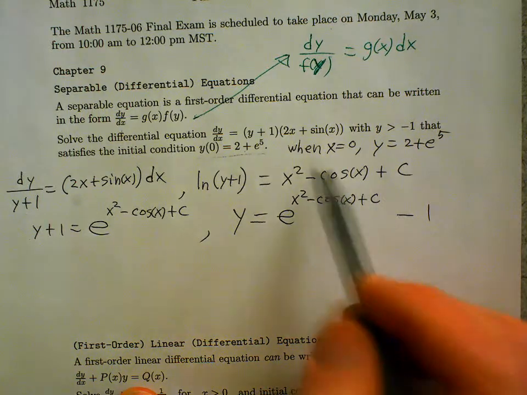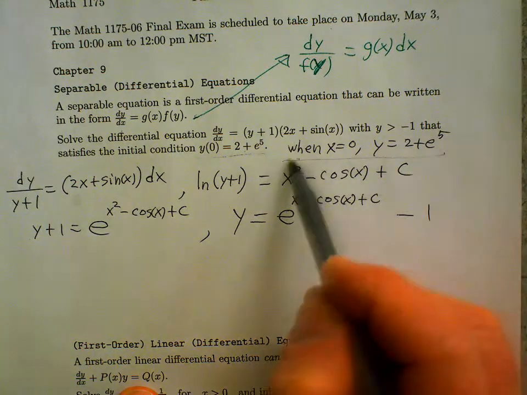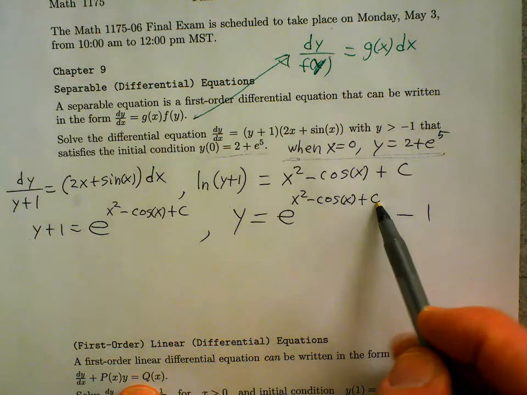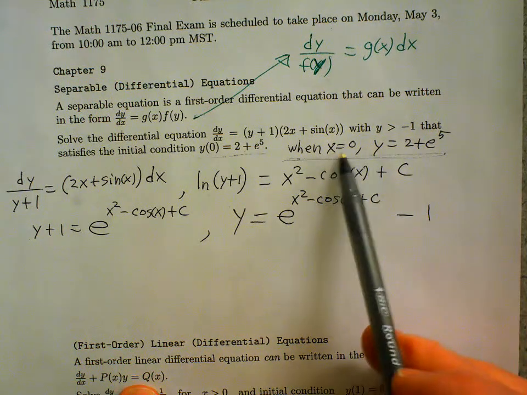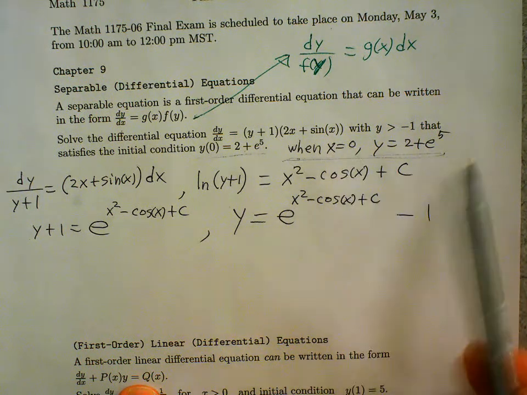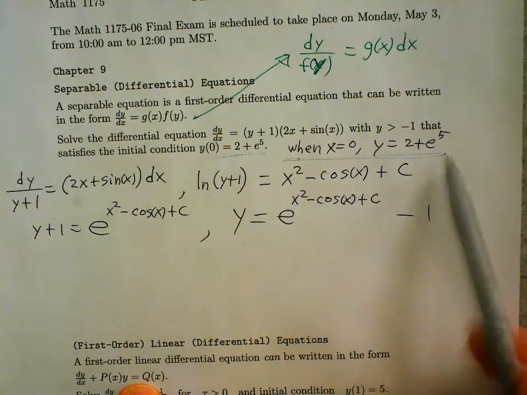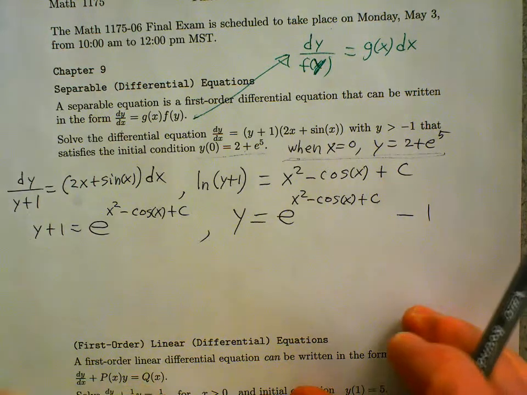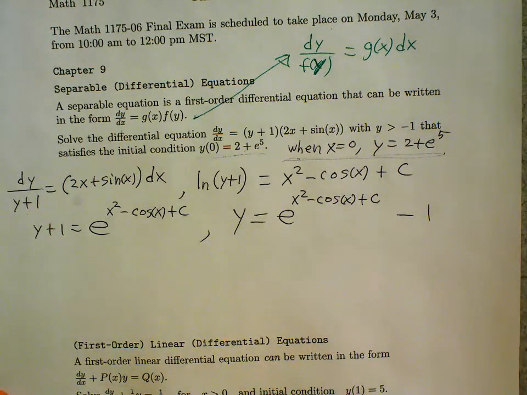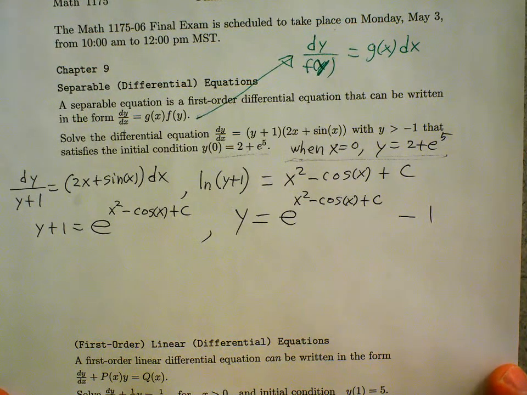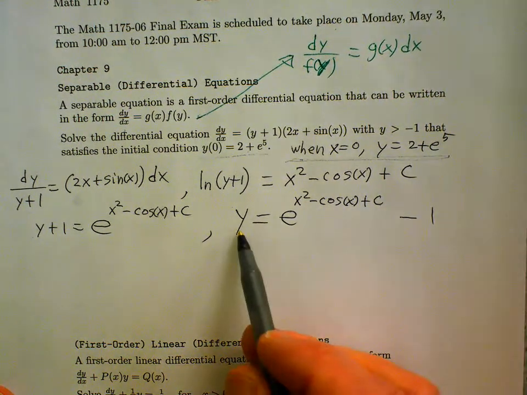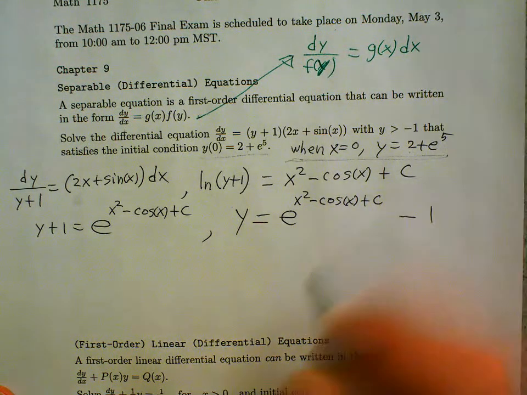Okay, we'll use the initial conditions to find the value of c. So when x is 0, the y value is 2 plus e to the 5th. So in the next step, what we'll do is we will replace y with 2 plus e to the 5th.